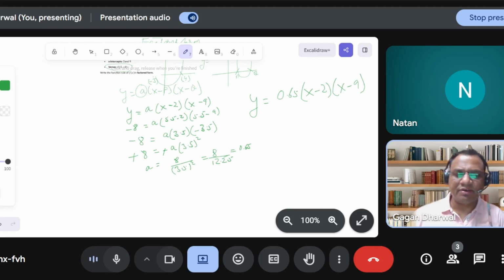If it is less than 1, it's a vertical compression, and if it is greater than 1, it's a vertical stretch. The same information as in the vertex form applies here with a. But you have been given the x-intercepts here instead of the vertex. We still need any one point the parabola passes through, because then only we'll be able to calculate the value of a.